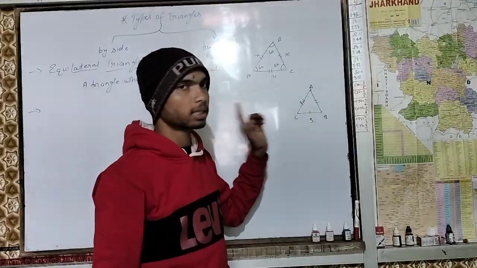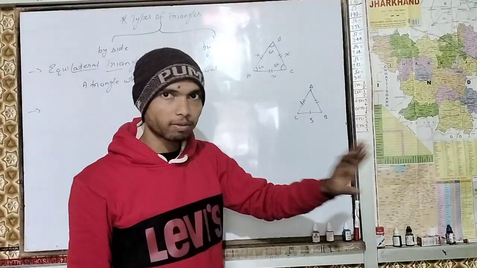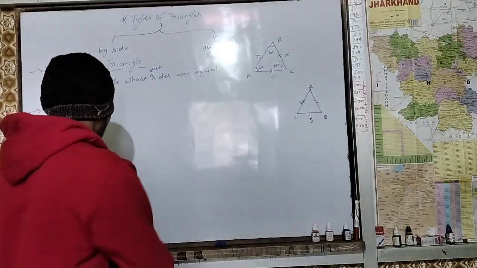It is not equal to this line. Each side of this triangle is not equal to the others. This is the meaning of these hints.